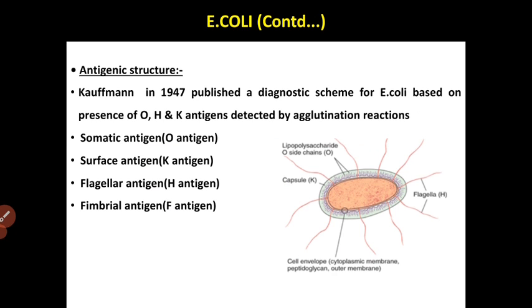Next, surface antigen, K antigen. The term K antigen refers to the acidic polysaccharide surface, capsular antigen, even if no detectable capsule is present. Now, K antigen is divided in two groups, group 1, group 2. Okay. Now, what is the role of K antigen?